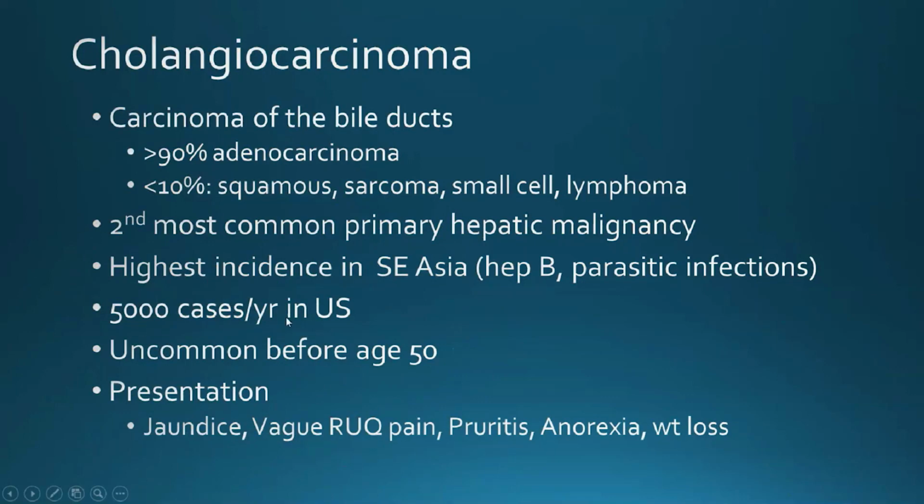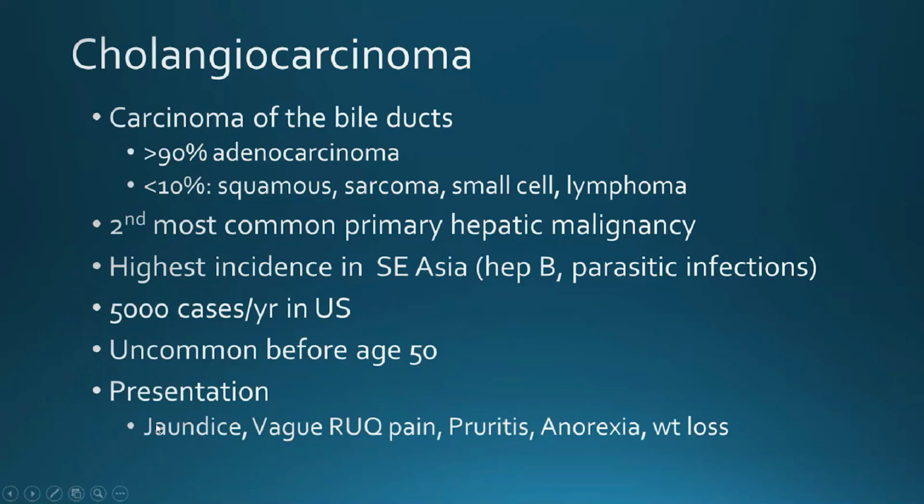We see 5,000 cases per year in the United States, and it is usually very uncommon in patients with age less than 50, unless patients have a specific primary disease like primary sclerosing cholangitis, where we do see cholangiocarcinoma at a younger age as part of the disease process.